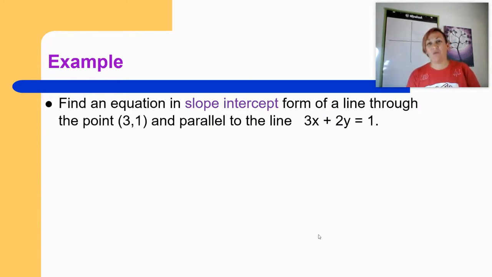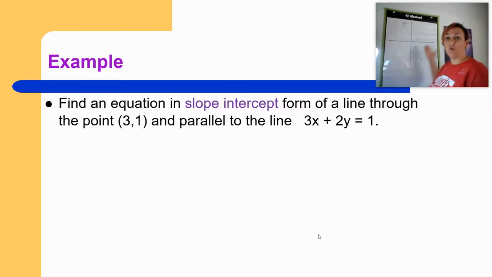Let's take a look at what that looks like conceptually. So in this problem, I was given an ordered pair, 3, 1, which would be right here. And I was given a linear equation. Now tomorrow we will learn how to graph a linear equation. But for right now, let's just pretend like this is the graph.